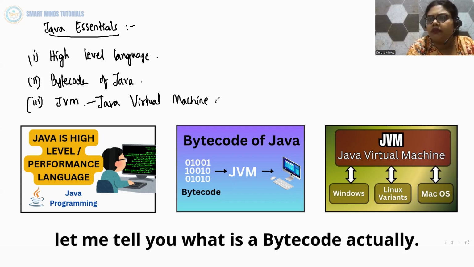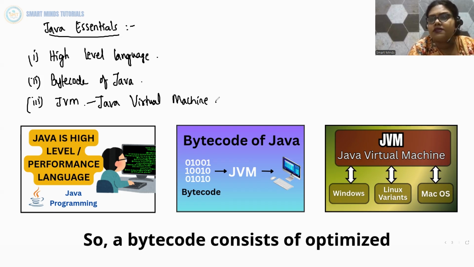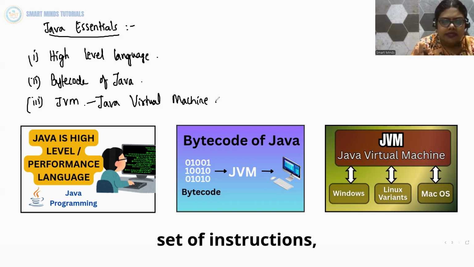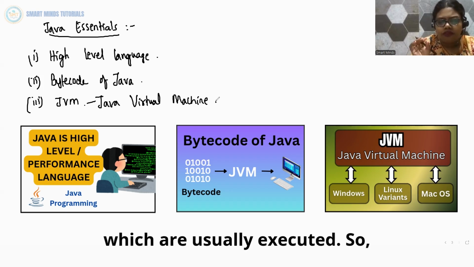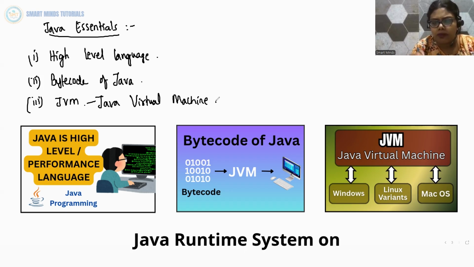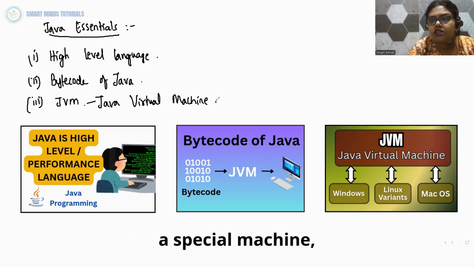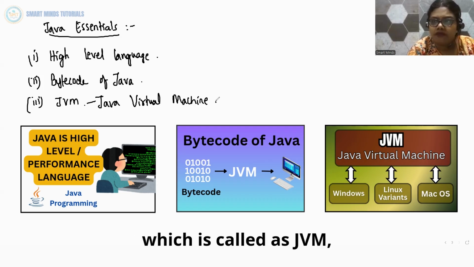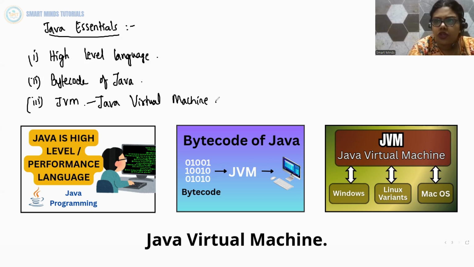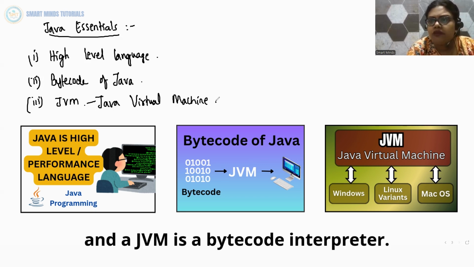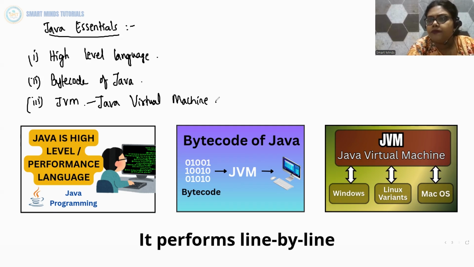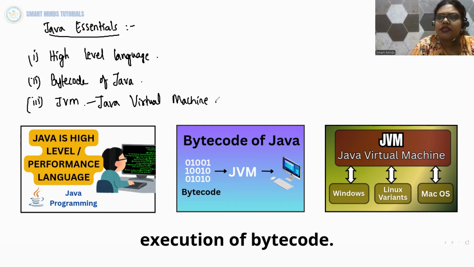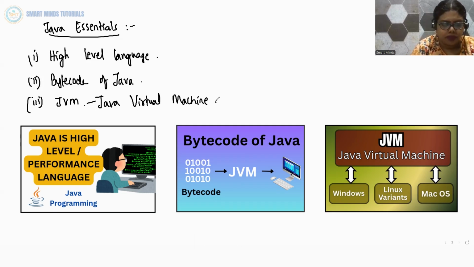So let me tell you what a bytecode actually is. A bytecode consists of an optimized set of instructions which are usually executed by the Java runtime system on a special machine which is called JVM, Java Virtual Machine. And a JVM is a bytecode interpreter. It performs line by line execution of bytecode.